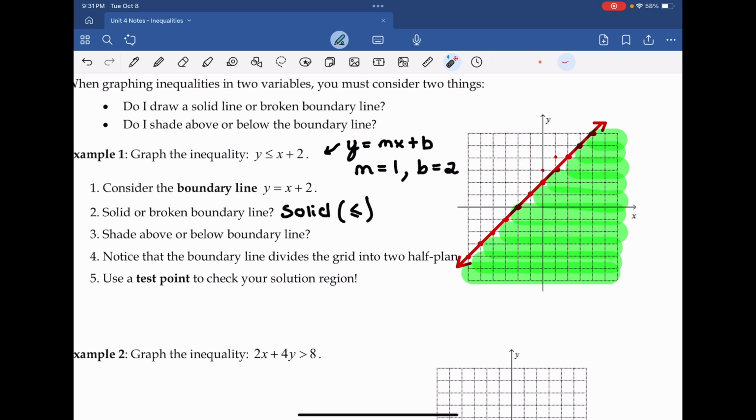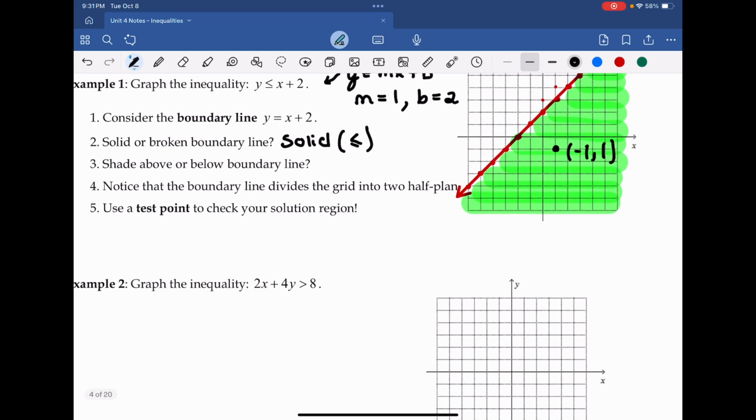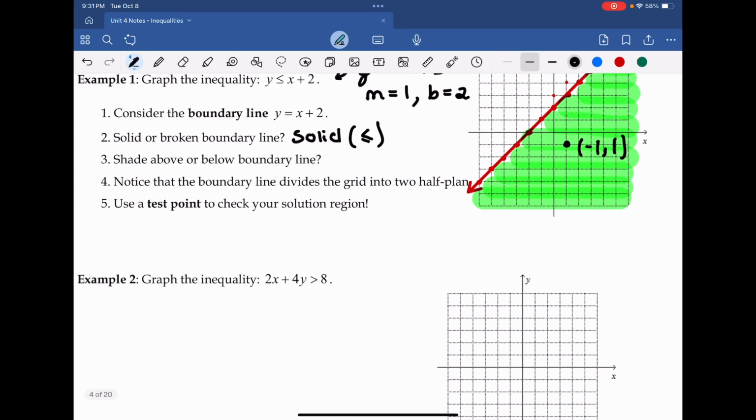Now, let's use a test point to check and see if this green region actually is the appropriate region. So I'm going to put a dot maybe right here. If I put a dot here, the ordered pair that goes with this is (-1, 1). Let's use this to see if it actually works. First and foremost, we have y is less than or equal to x plus 2.